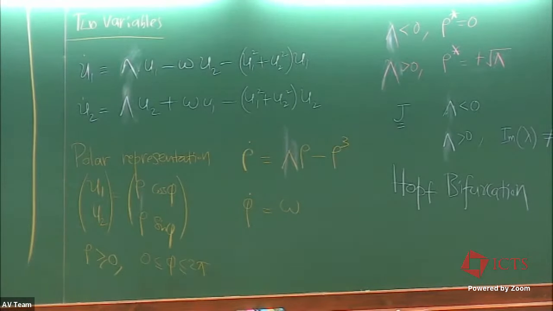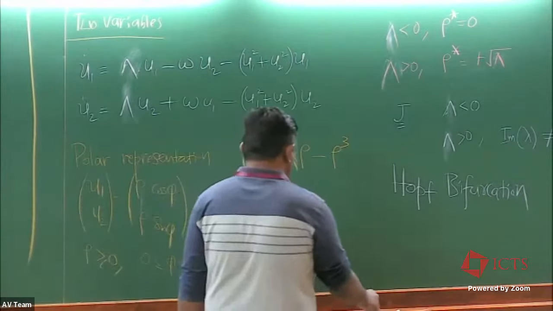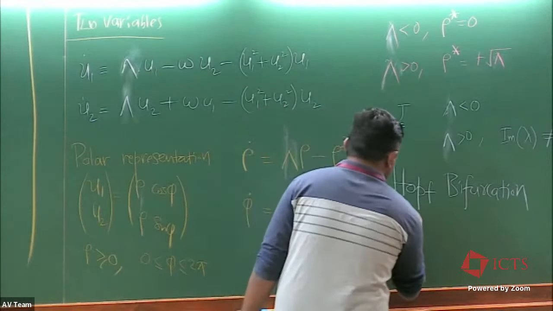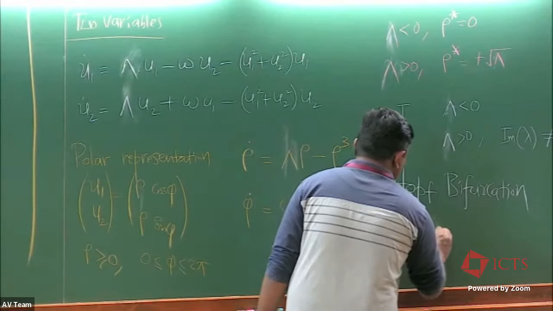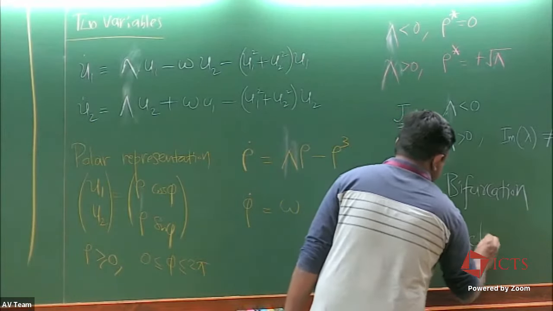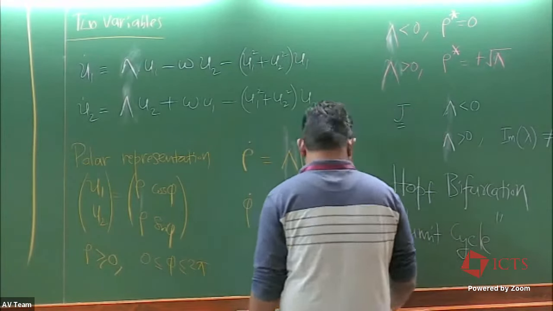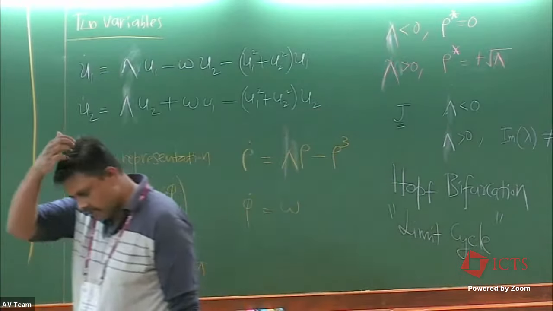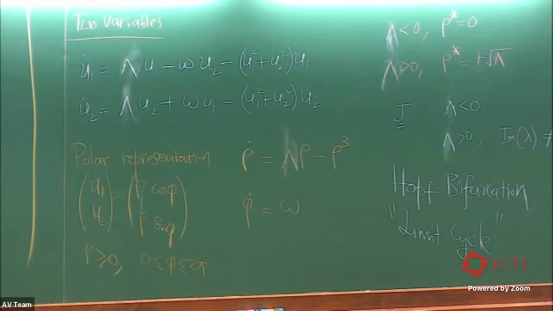So this is a classical example of the Hopf bifurcation. The statement is that for capital lambda greater than 0, the system enters what's called a limit cycle. So independent of initial conditions, you put U1 and U2 at some arbitrary points, eventually the long time behavior will be that the system will come and sit in some circle or loop in the U1, U2 space, and it will just keep going around there.